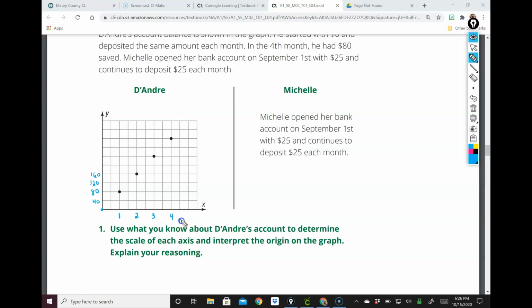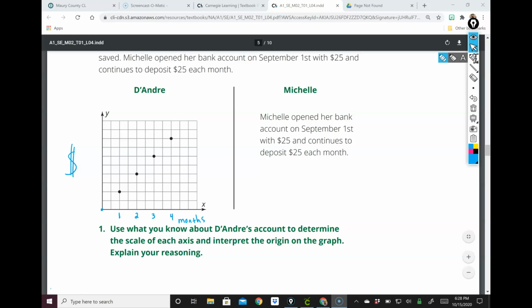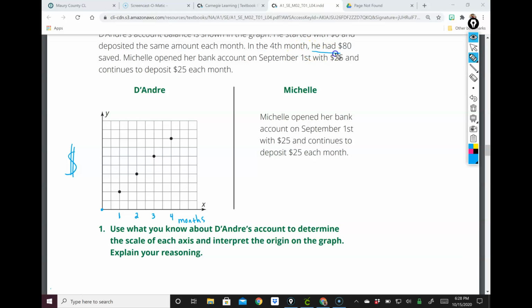So your X will be your months. And your Y is going to be your money that he's deposited. I'm sorry, I misread that. He had $80 in the 4th month.